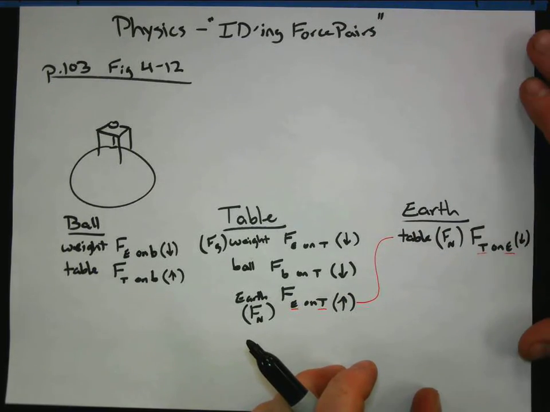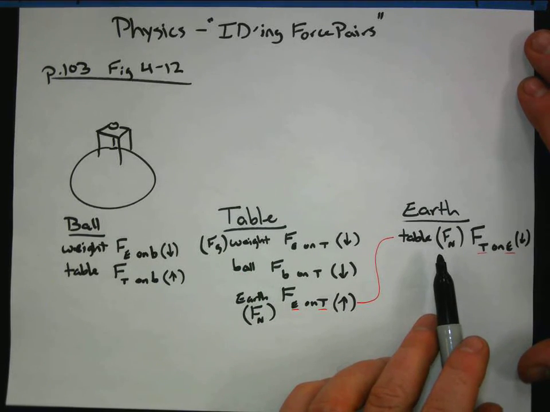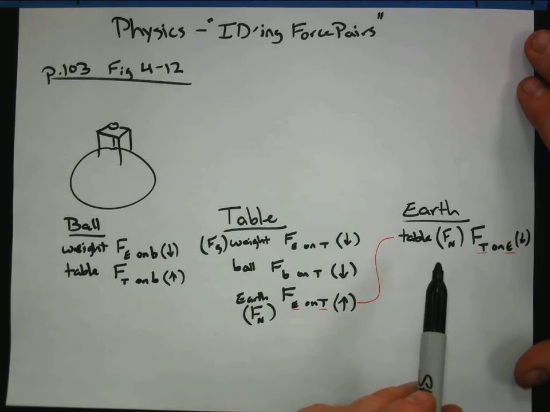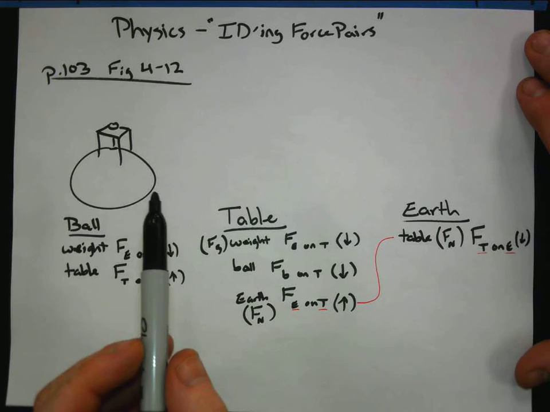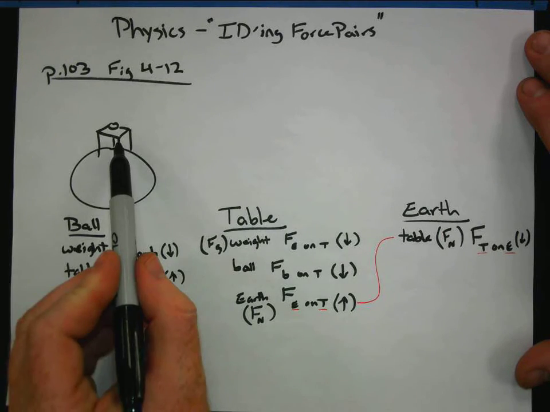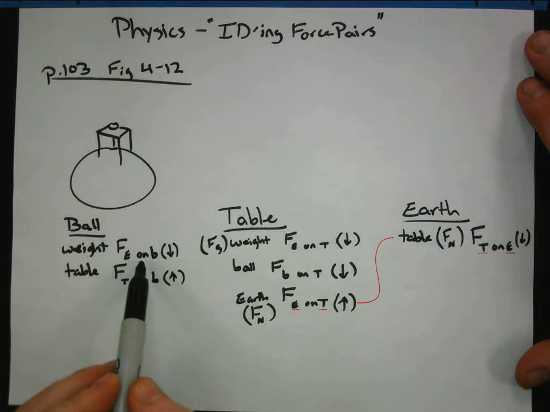Okay. Well, the ball's not touching the Earth. There's no other contact forces we're going to worry about right now. Field forces. Okay. Well, check this out. I need to think about how the Earth affected the table through weight and how the Earth affected the ball through weight, because those two forces will have twins.